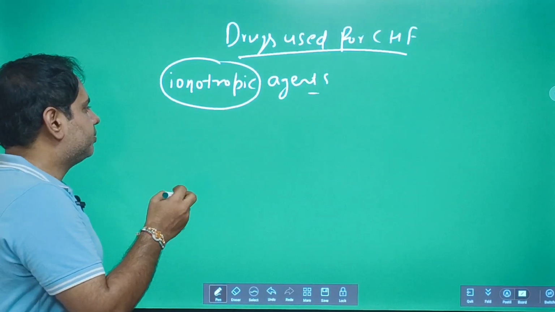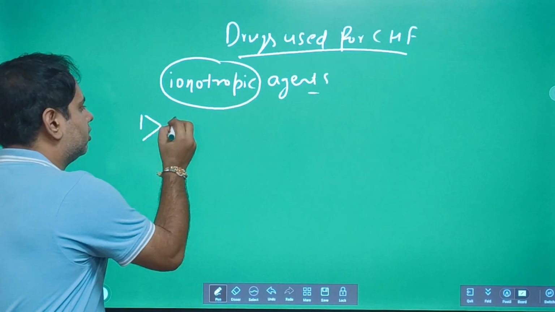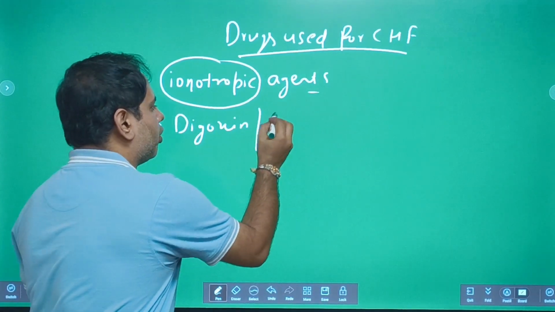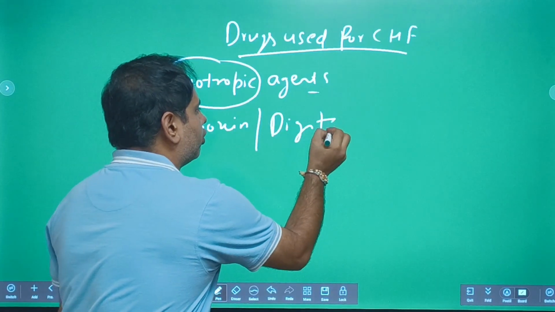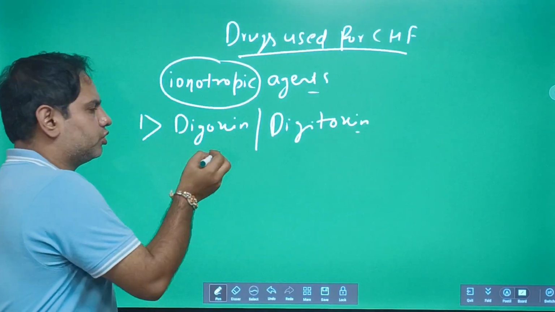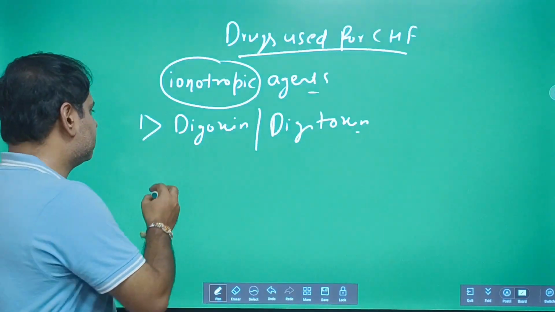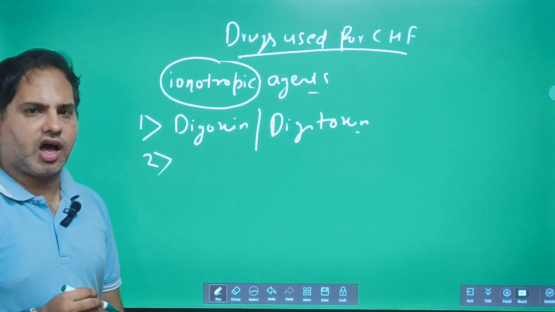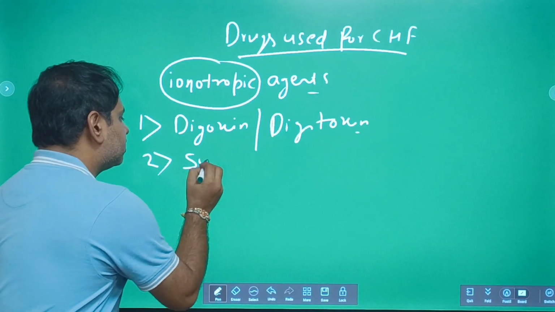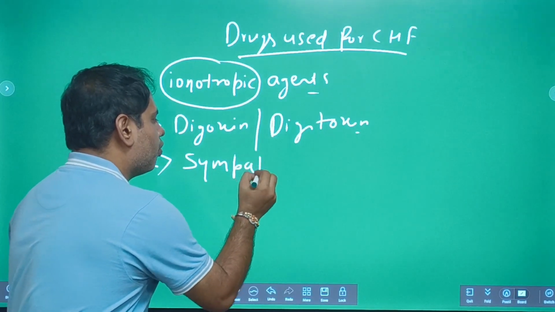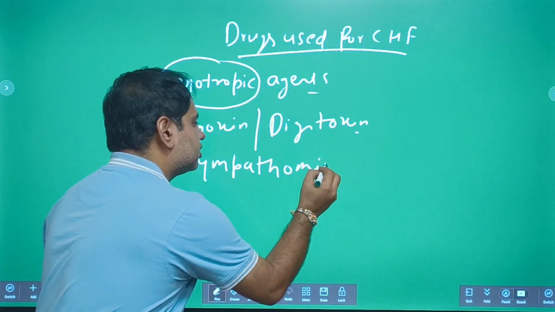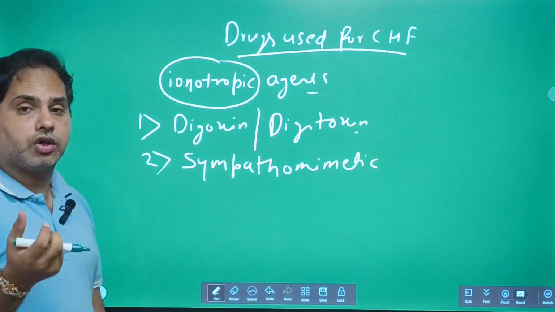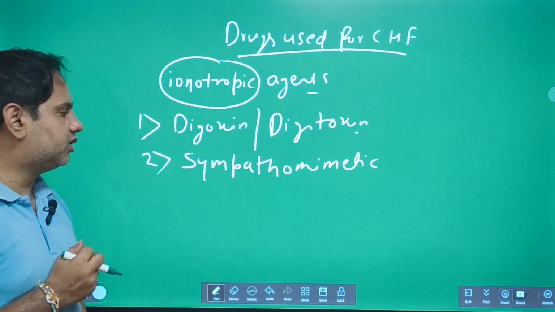So under this category we have the well known drug digoxin or digitoxin, which is obtained from Digitalis purpurea or Digitalis lanata. Another drug we are using as an inotropic agent are sympathomimetic drugs, which also increase the force of contraction of the ventricles.